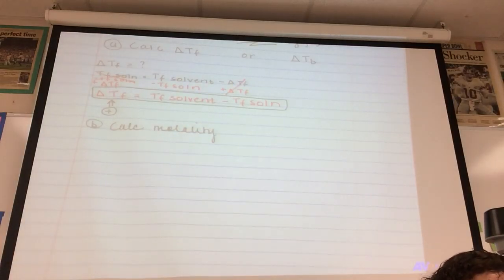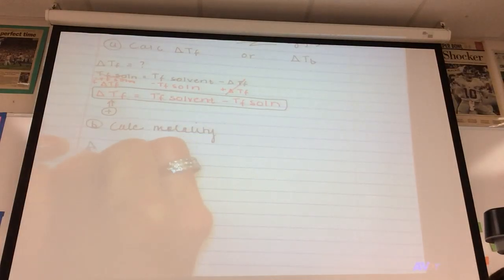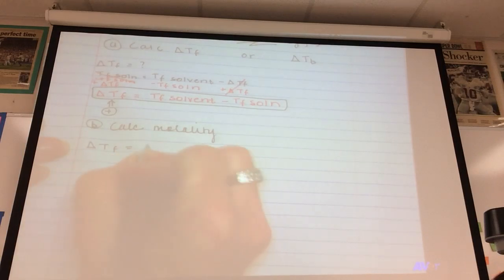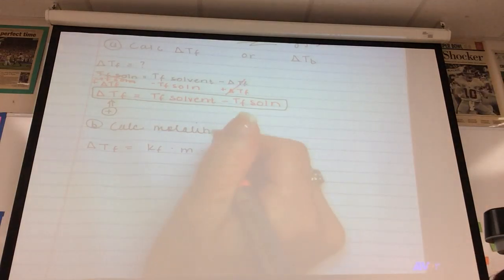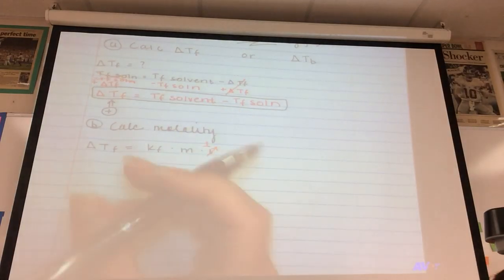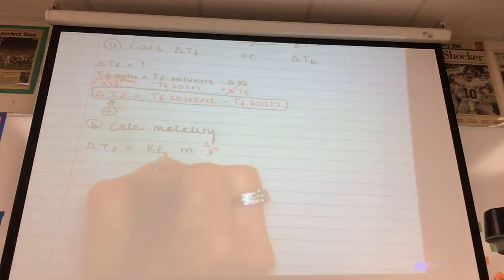Well, that you can get by working this formula, the first one we used the other day. In these problems, you're going to have non-electrolytes, and their I's will be 1, so you don't need to deal with I. And you can calculate molality by dividing both sides by KF.